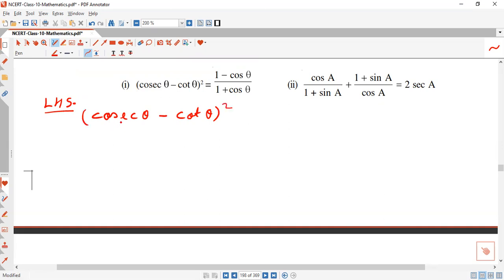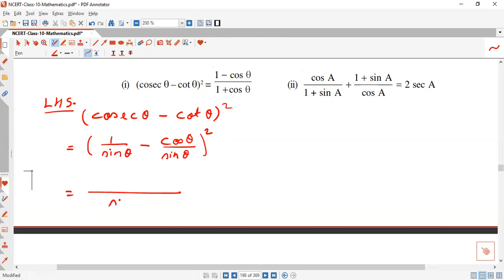First of all, we convert this function into cos and sine. Cosec theta can be written as 1 upon sine theta, and cot theta can be written as cos theta upon sine theta. Now take the LCM. Sine theta is the LCM, and the square is there also.